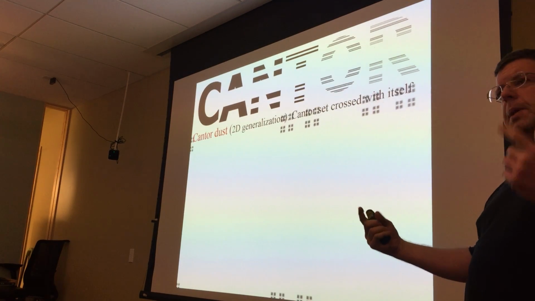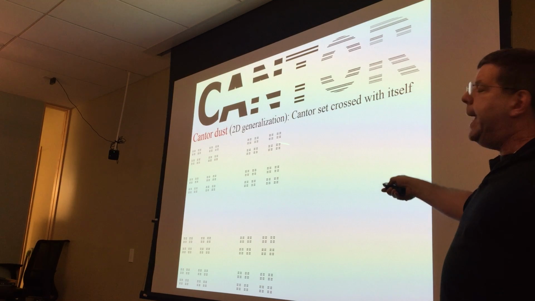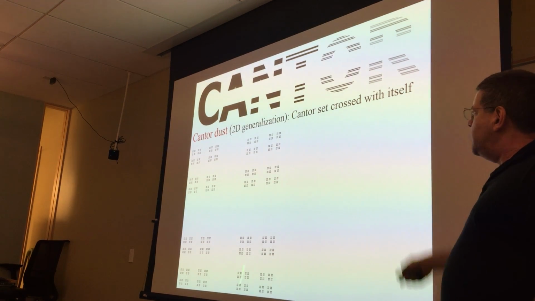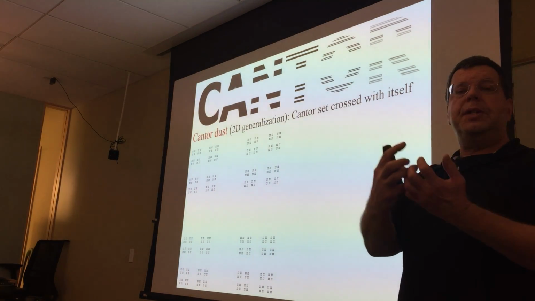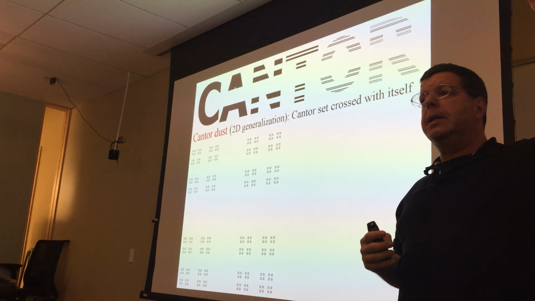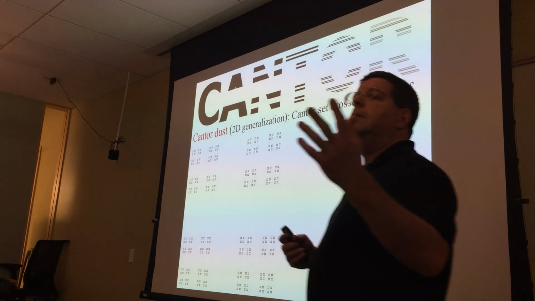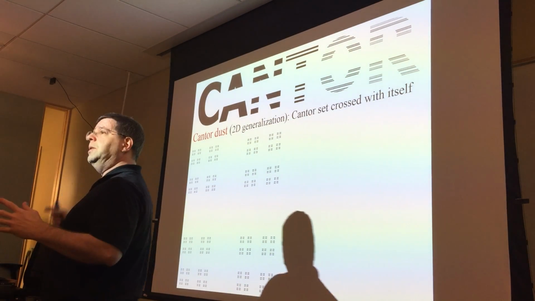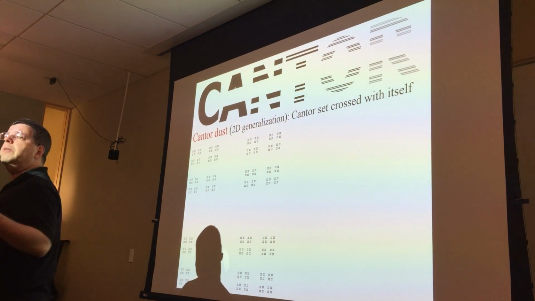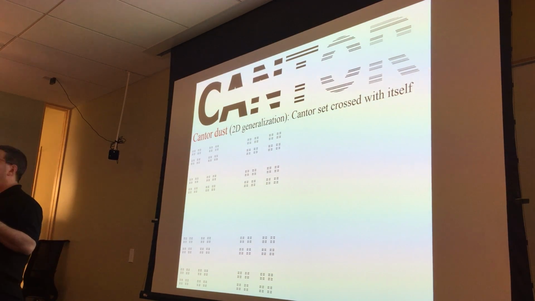And you can cross the Cantor set, it's a one-dimensional set, with itself, and you get a two-dimensional Cantor set that's sometimes called Cantor dust, because now it's a two-dimensional set. It's crossed with itself. How many know what it means to cross a set with another set? Cross product. S crossed with T is what? What's the definition of a cross product between S and T?